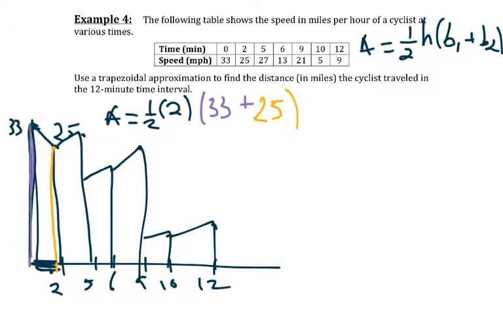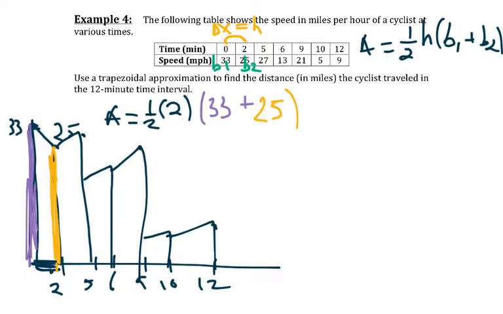The first one is the first y value, and base 2 is the second y value. So we can find that information using the table.